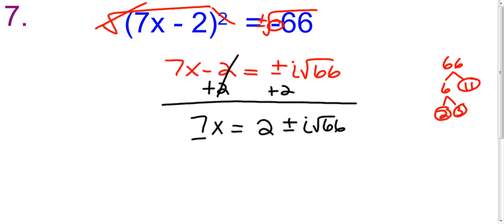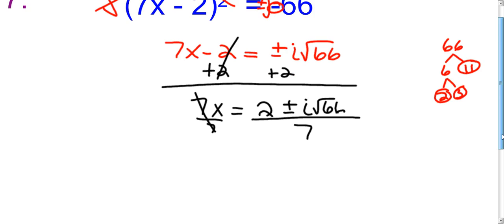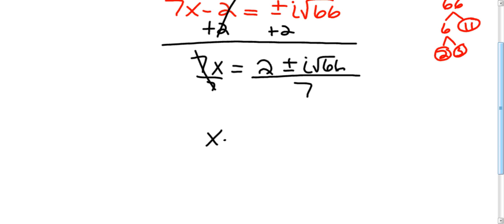Okay. And then I need to solve for x by dividing both sides by 7. And I will divide that whole side by 7. That cancels out. And then what I have is 2 plus or minus i root 66 over 7.